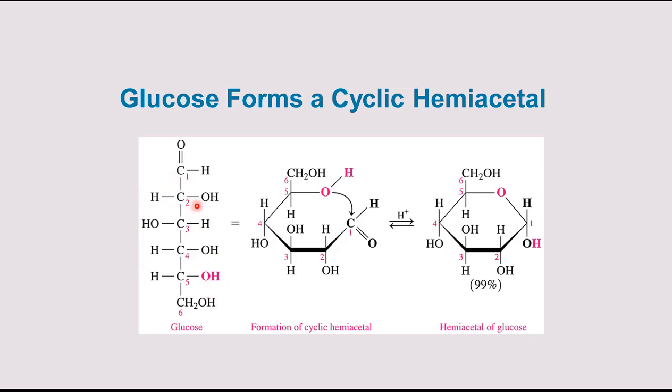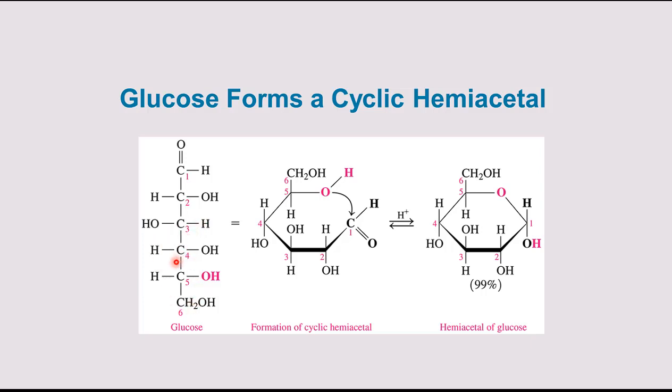These are all alcohol groups. Any one of these alcohol groups could come back and attack this carbonyl carbon in order to form our cyclic hemiacetal of glucose. However, most likely it's this carbon 5 that just seems to be the most sterically stable version versus carbon 6 or carbon 4.